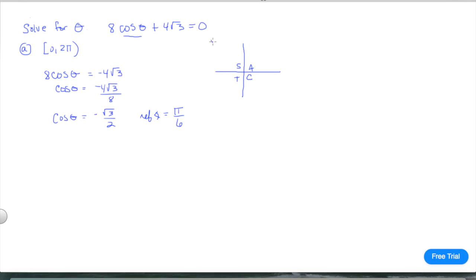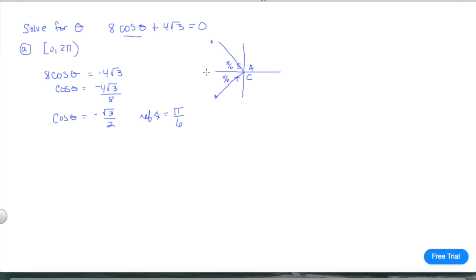That would be in quadrant 2 and in quadrant 3. So I'm looking for the angle in quadrant 2 whose reference angle is pi over 6. I'm also looking for the angle in quadrant 3 whose reference angle is pi over 6.